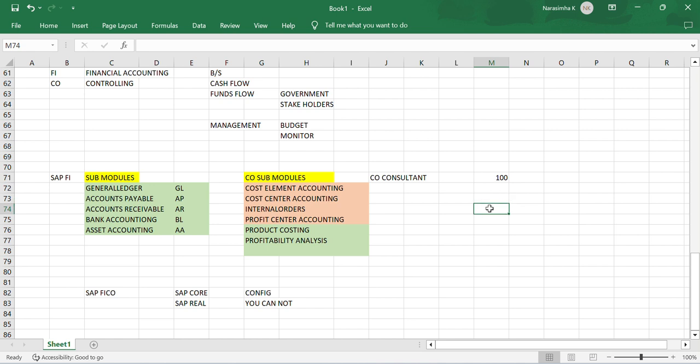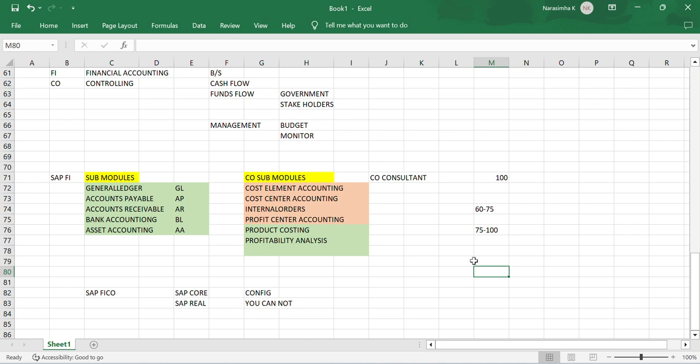In every institute, they will teach 60 to 75 only. Once you start working in a live environment, then you will come to know the remaining 75 to 100 configurations. You have to learn and apply yourself.